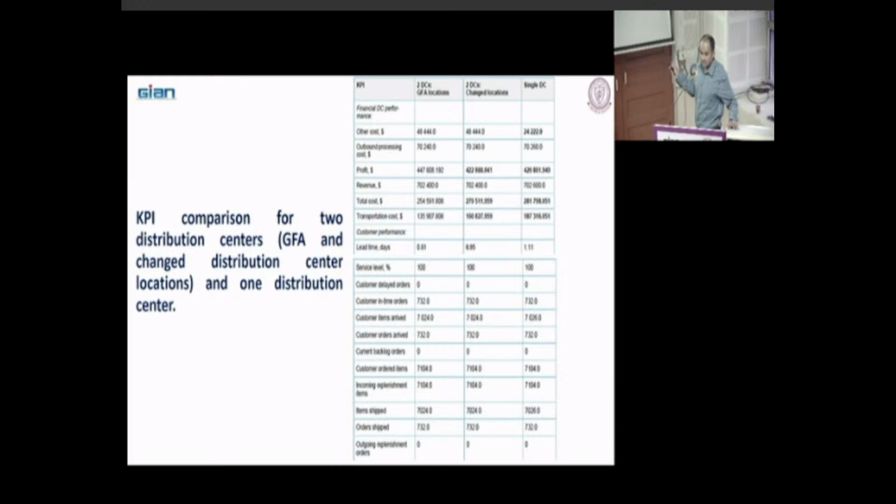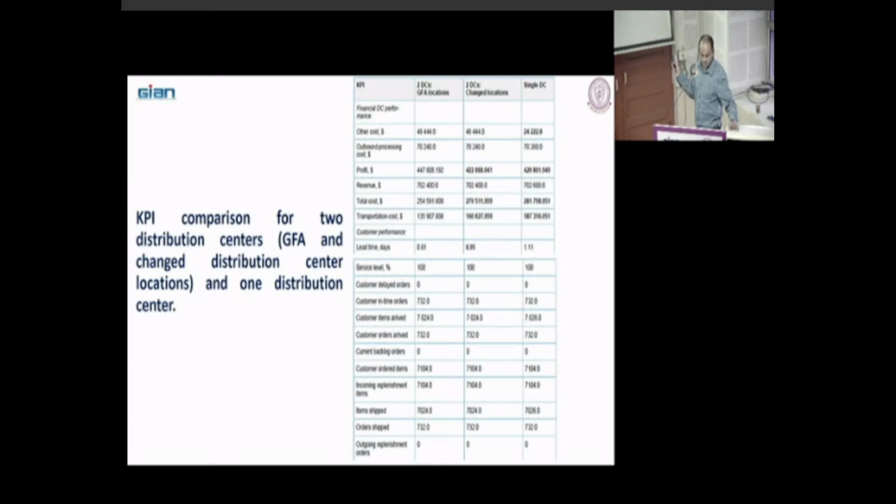Originally it was 135,000. It went to 160, and that's why total cost increased to 279,000. What about the lead time? It was initially 0.8 days. Now 0.95. Again, why did it change? Because of the location. Then similarly, single DC. Single DC is other cost. Other cost decreased here, 24,000. Why?